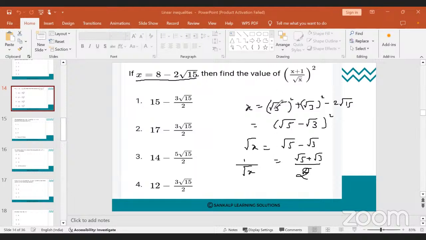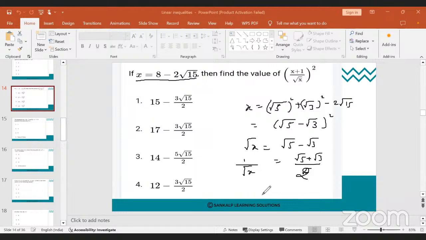According to the question, try to substitute these values in the given equation. So what will the equation suggest? It is nothing but 1 upon root of x. I hope you know this. So try to solve now.